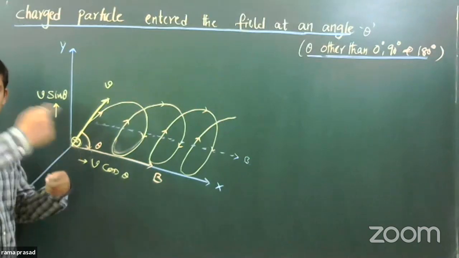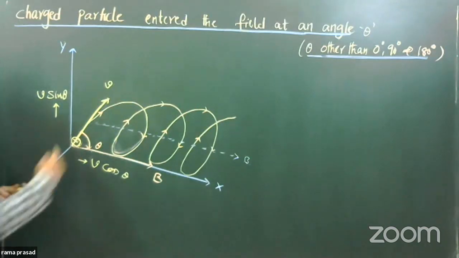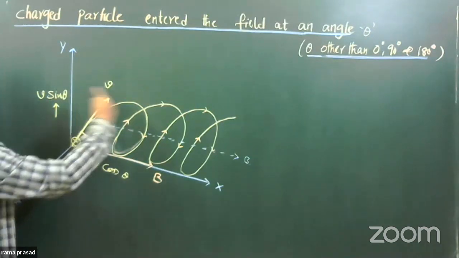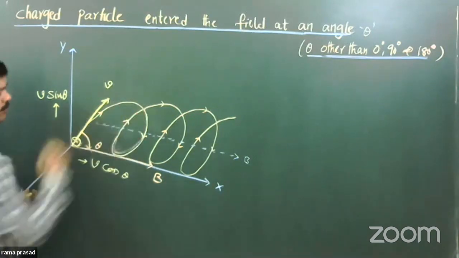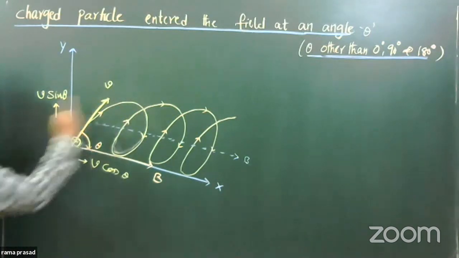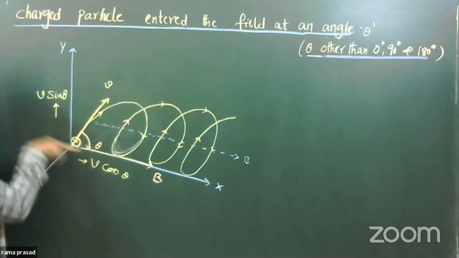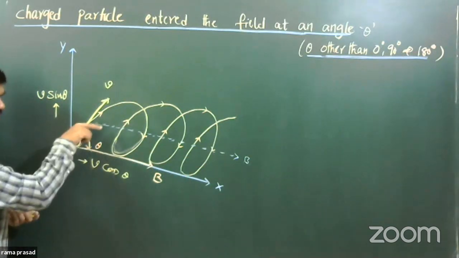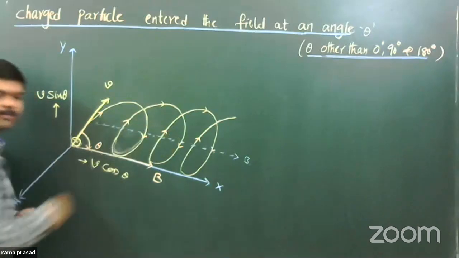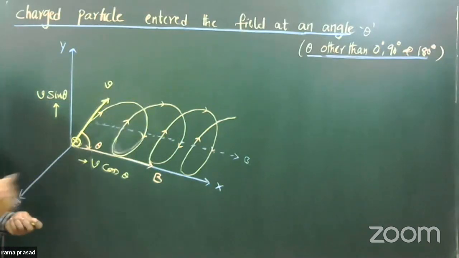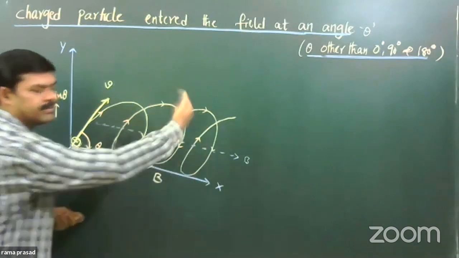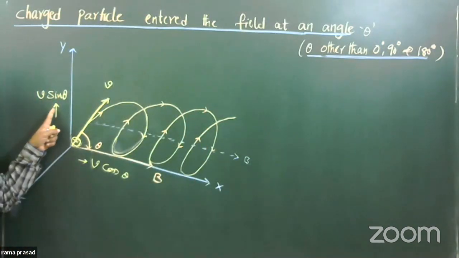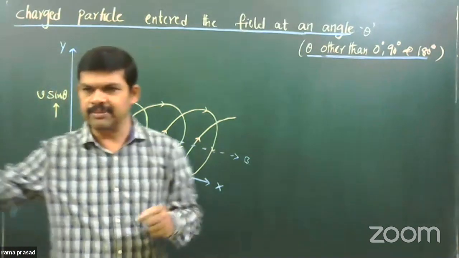It moves in a circular path, that we know. So due to this component, it moves in a circular path. Due to this speed, it moves forward. v cos theta is the speed in the direction of the field. This makes the particle move forward. This component makes the particle rotate. You understand? This is the component which is responsible for rotation.